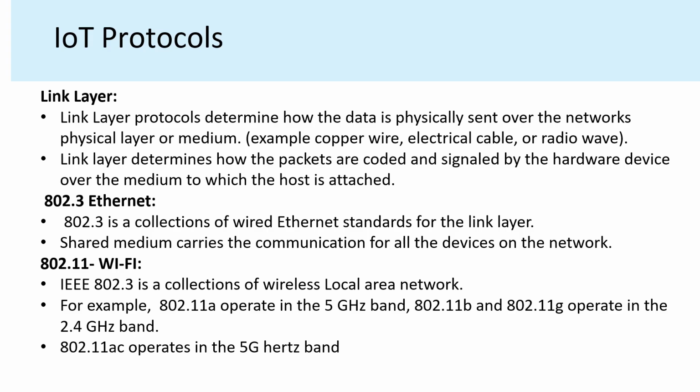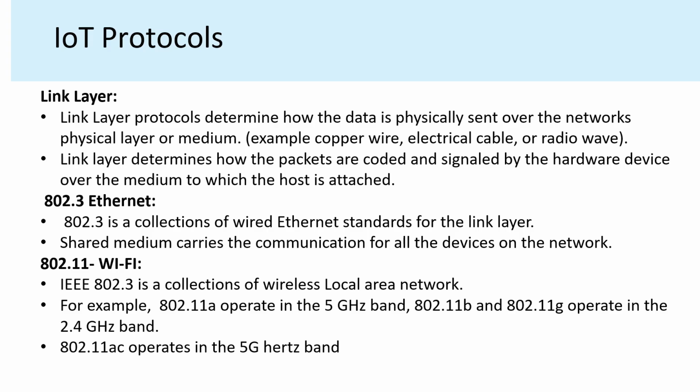802.3 Ethernet standard: 802.3 is a collection of wired Ethernet standards for the link layer. The shared medium carries the communication for all devices on the network. 802.11 Wi-Fi: IEEE 802.11 is a collection of wireless local area network standards.